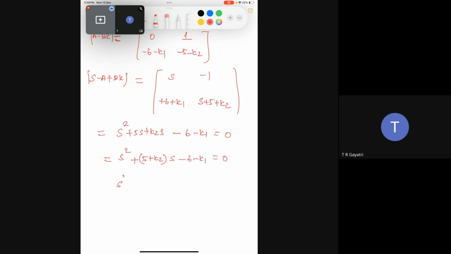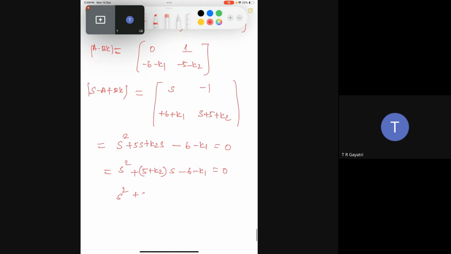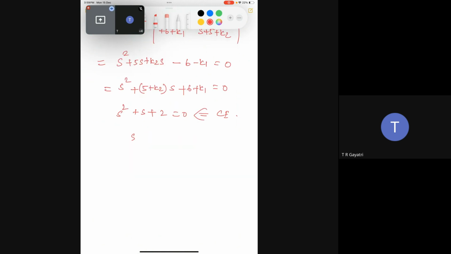Yes, it is minus of minus, so plus 6 plus K1. It will be compared against the characteristic equation we found before. So 5 plus K2 equal to 1 is the first equation. 6 plus K1 equal to 2 is the second equation.